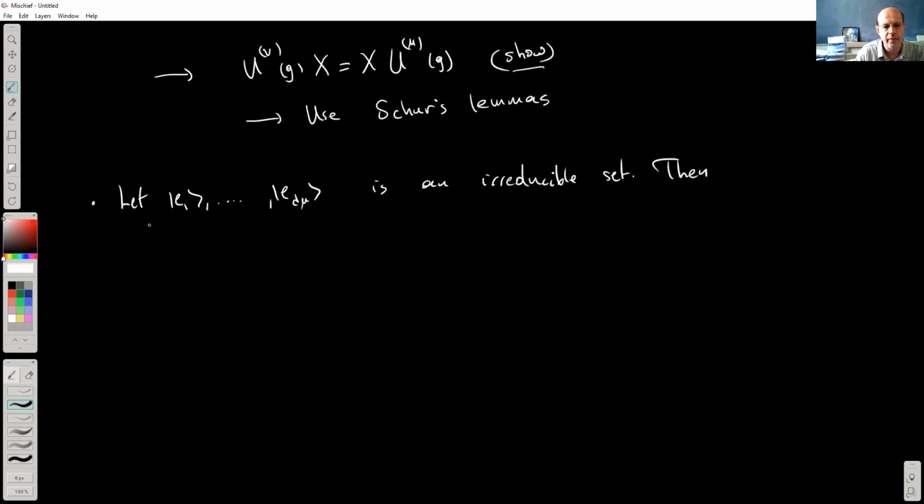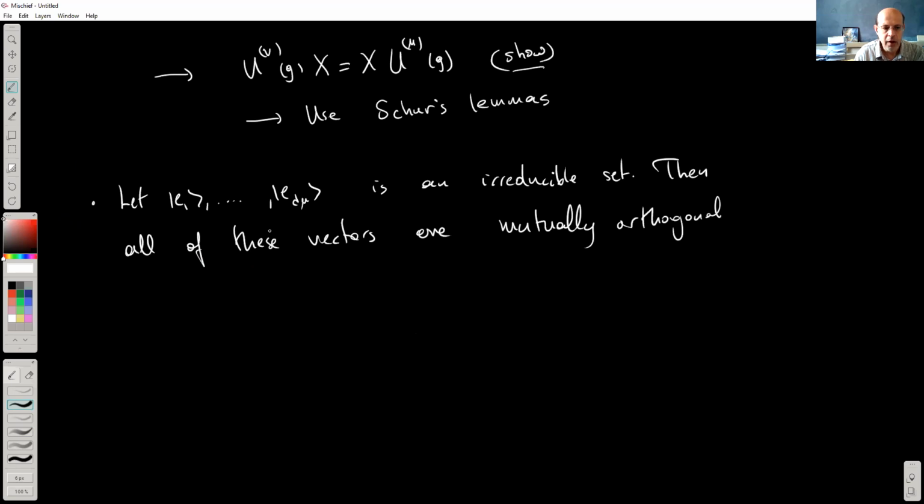Then all of these vectors are mutually orthogonal. Right, so that's the first one.